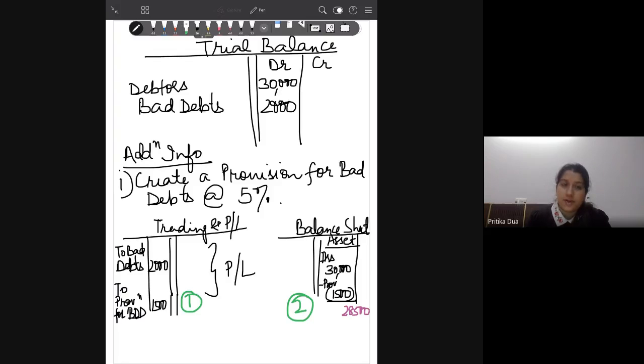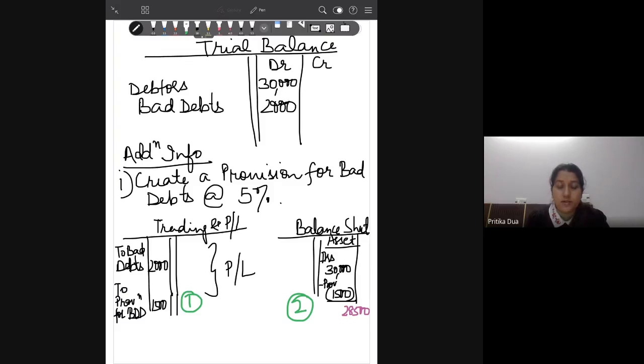So first treatment is that you make the entry for provision on the debit side of the profit and loss account, and the second treatment is that this provision is deducted from the amount of debtors on the asset side of the balance sheet. So take a minute.